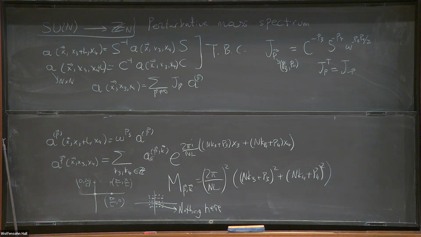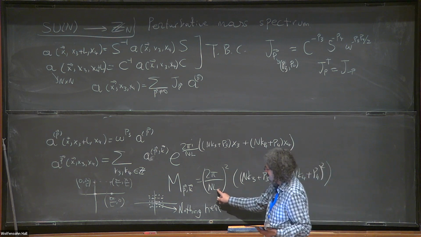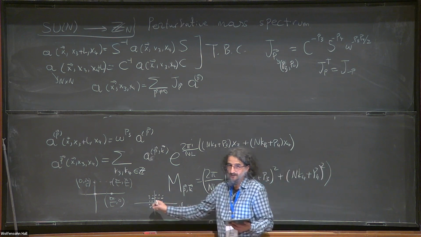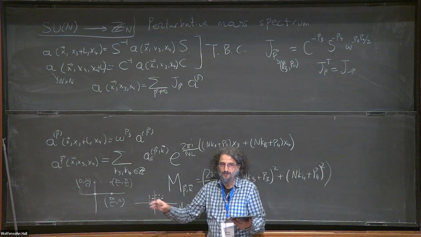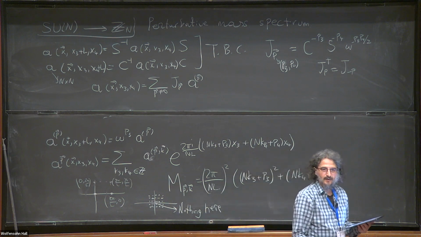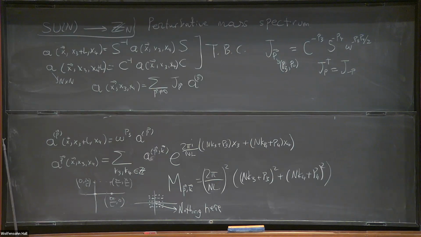And the fact that even at fixed L, as you take n to infinity, this spectrum becomes continuous. It is related to large n volume independence, something called the twisted Eguchi-Kawai model in retrospect.